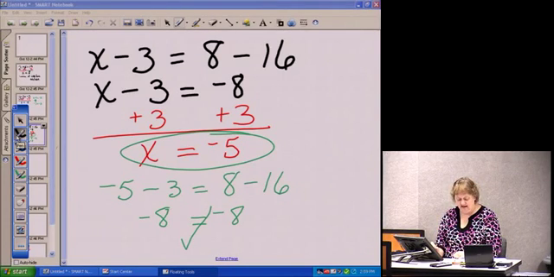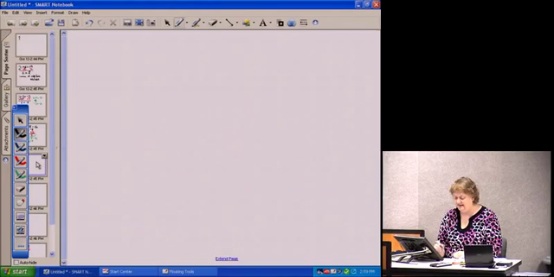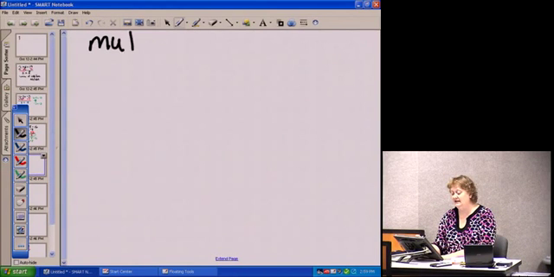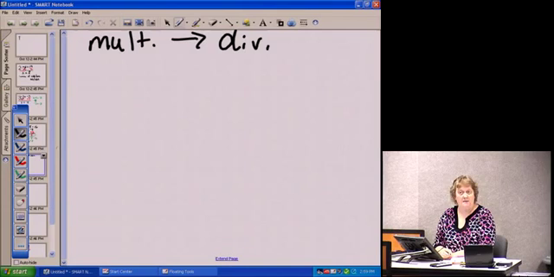Okay, let's look at the other type of one-step equations that we have. And those are the ones that involve multiplication and or division. Just like addition and subtraction are inverse operations of each other, multiplication and division are inverse operations of each other.